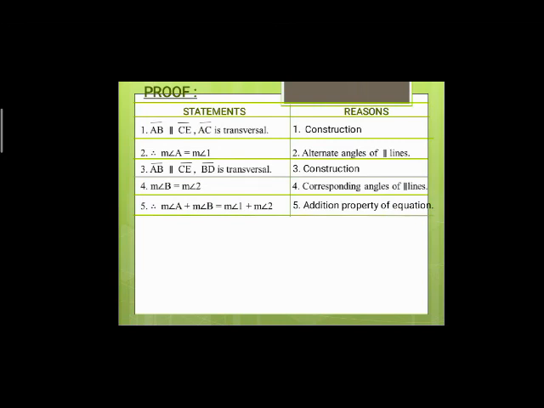Hopefully you all understand. Here we have a diagram also: the triangle ABC, line segment CD and line segment CE, with some angles. So we say that AB is parallel to CE and AC is the transversal by the construction. Similarly, angle A is equal to angle 1 by the alternate angles of parallel lines.